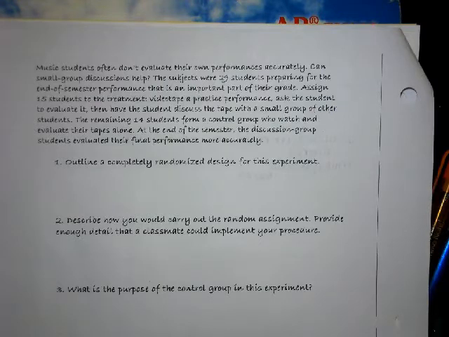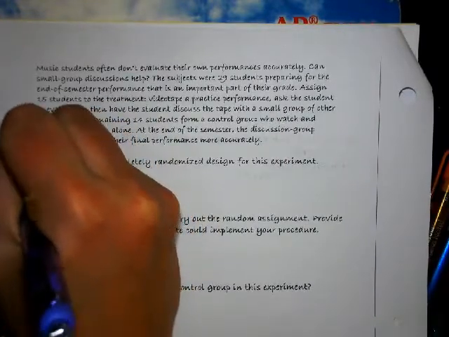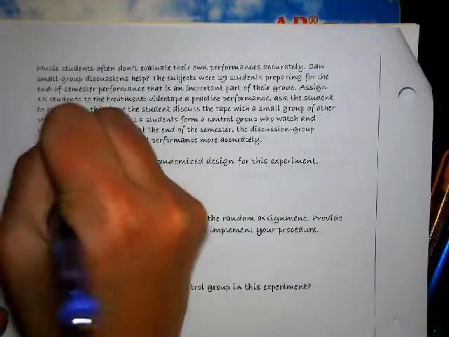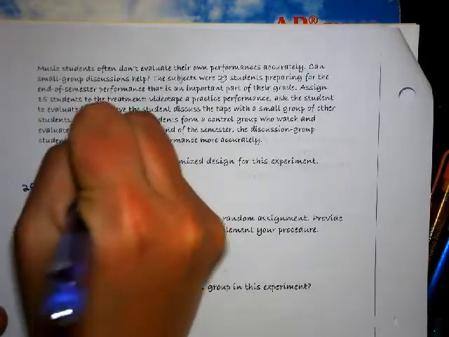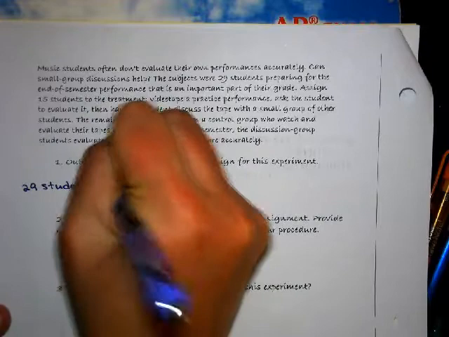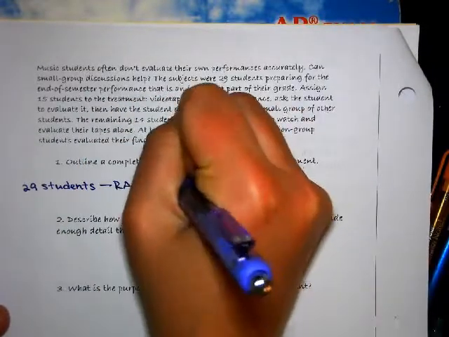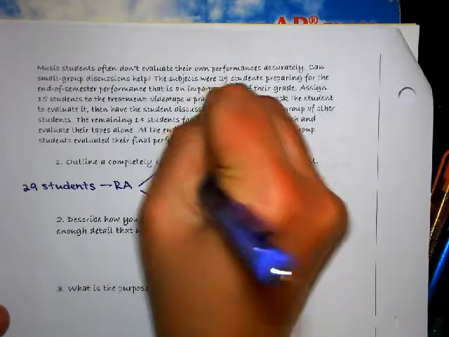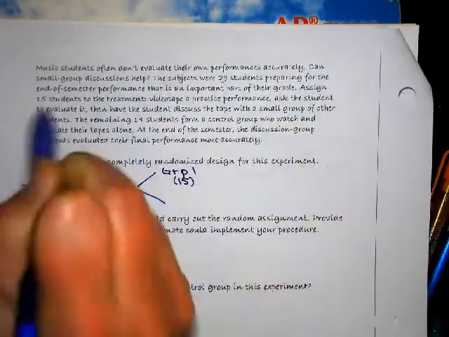All right, so hopefully you tried it on your own. So we're going to start with our 29 students. Those students are then randomly assigned. Group 1 is going to have 15 students, because it tells me 15 students are assigned to the treatment.